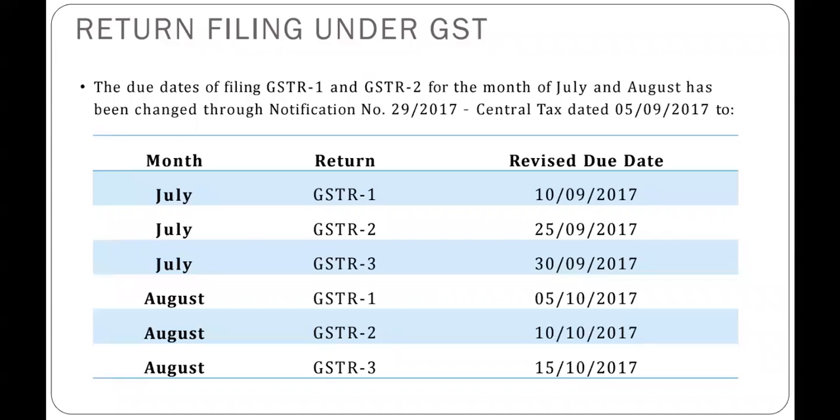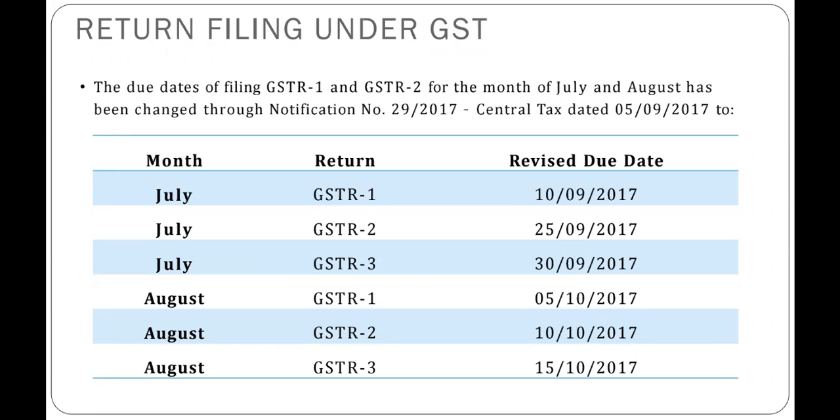The due dates of filing GSTR 1 and GSTR 2 for the months of July and August have been changed through notification number 29 of 2017, Central Tax, dated 9/5/2017. For July, GSTR 1 is 10/9/2017, the revised date.